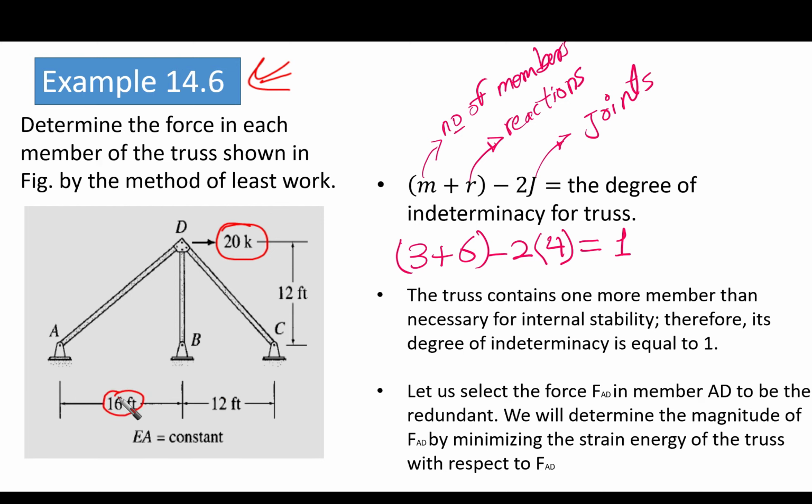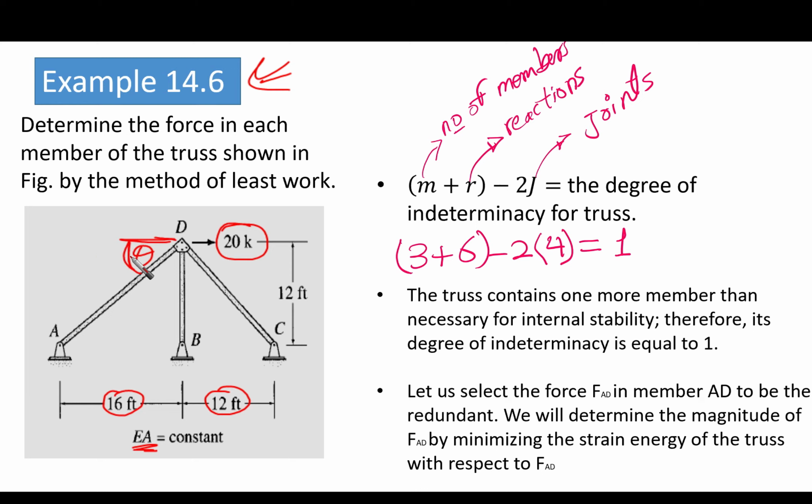We have 16 feet, 12 feet between B and C, and the height is 12 feet. This is important to know, and EI is constant for each member. As long as we know the dimensions, all the angles are available for us. For example, I'm going to call this angle theta.